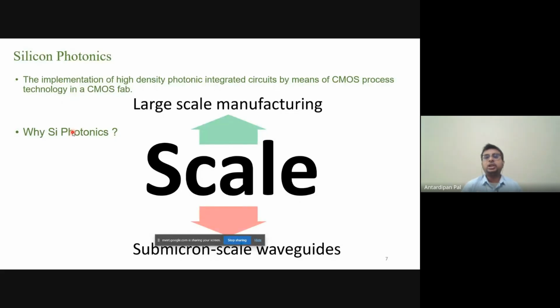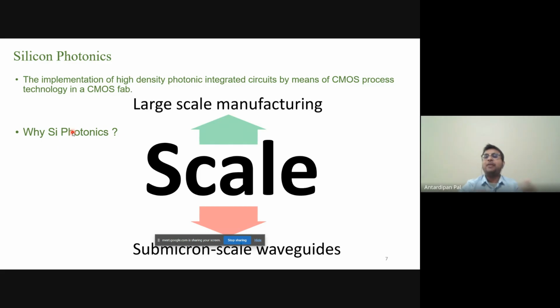Now, silicon photonics, it's basically using silicon and silicon-like products or silicon compounds in photonics or optoelectronics. Now, why do we use silicon photonics? First reason, it's cheap. Silicon is very cheap. That's why it got popular. That's also one of the main reasons. And it's integrable.